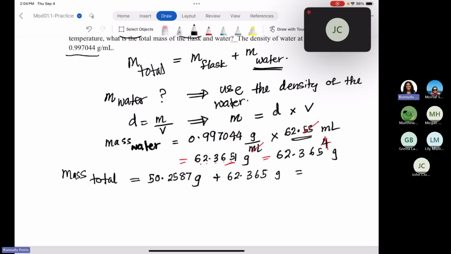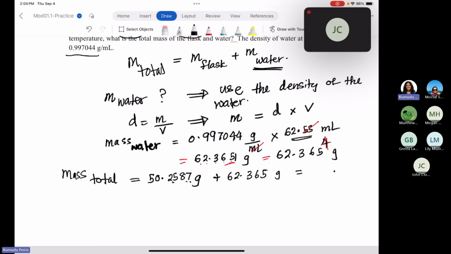Now we have an addition. In addition or subtraction, the significant figure rule changes. We should look at the least decimal place. Here the flask mass is given to the fourth decimal place.